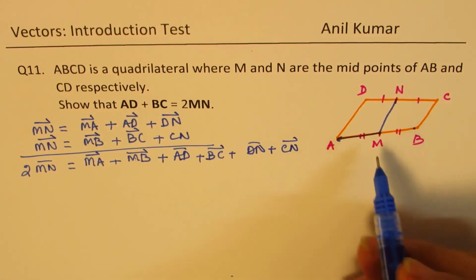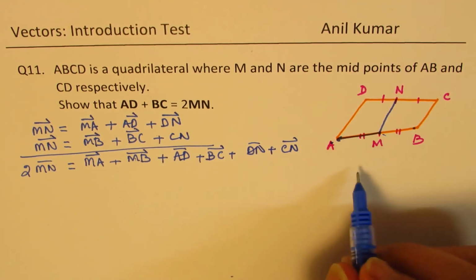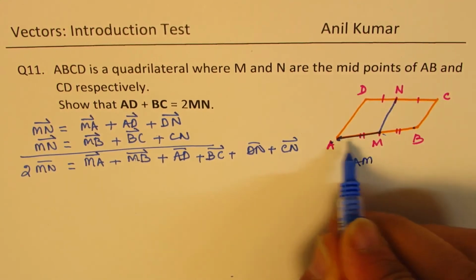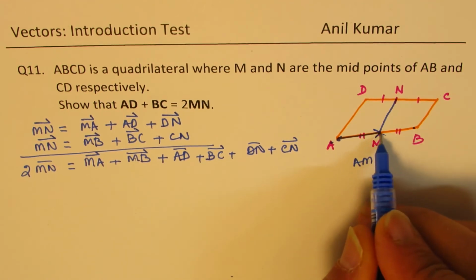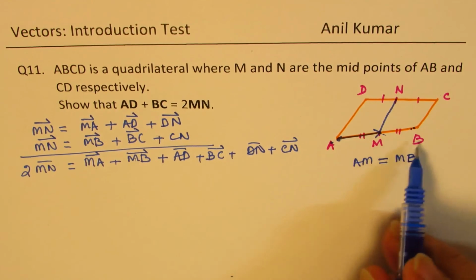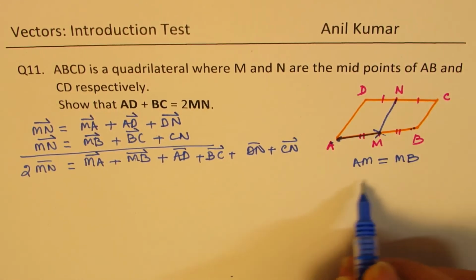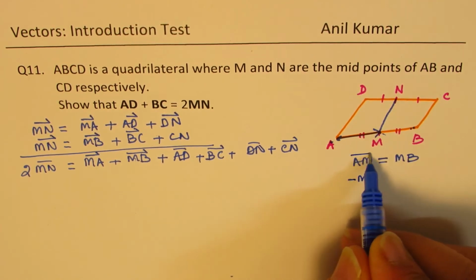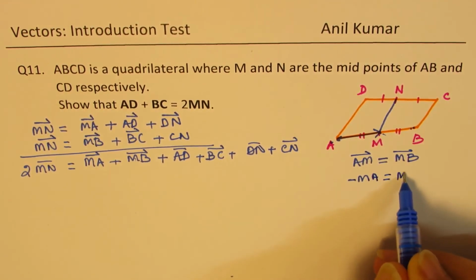Now as you can see, MA plus MB, because AM is equal to MB, right? AM is MB. So we can write MB as minus MA also. So minus MA is equal to MB.